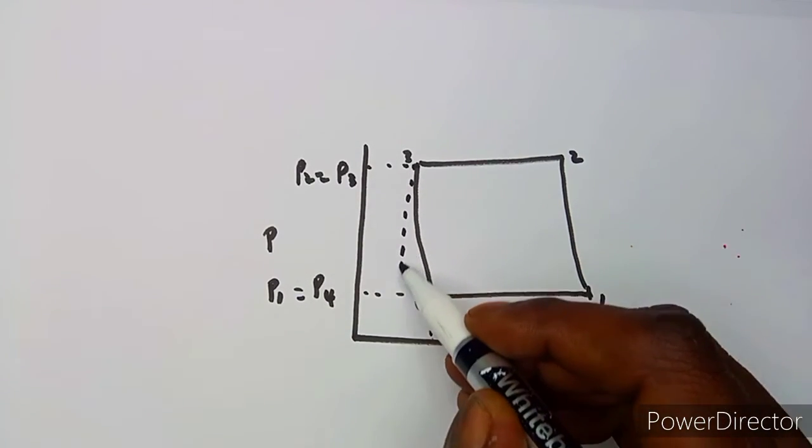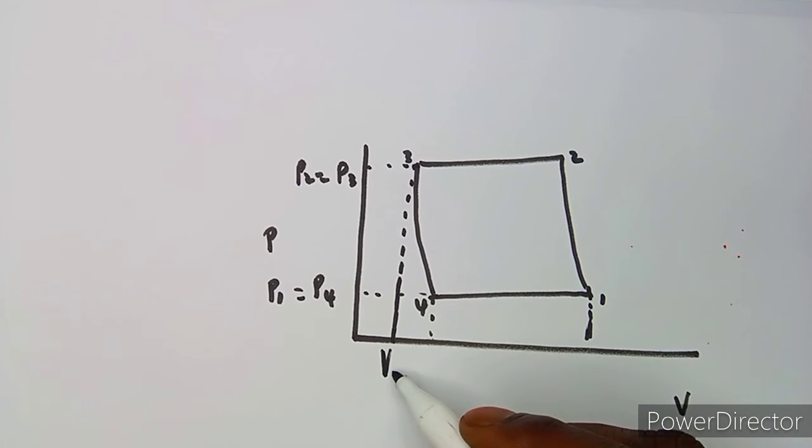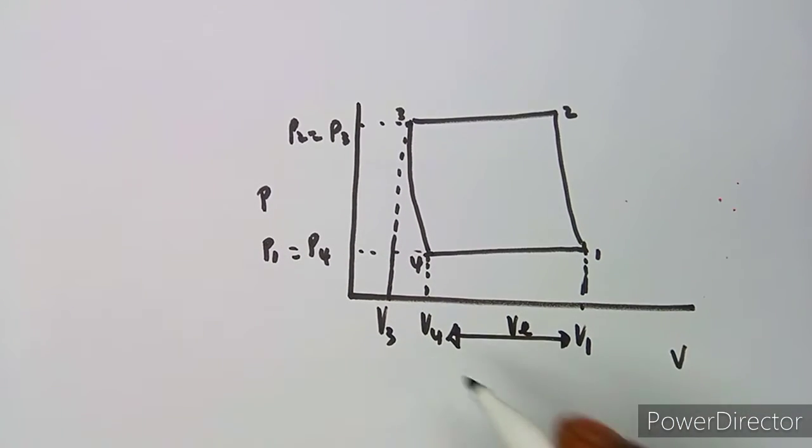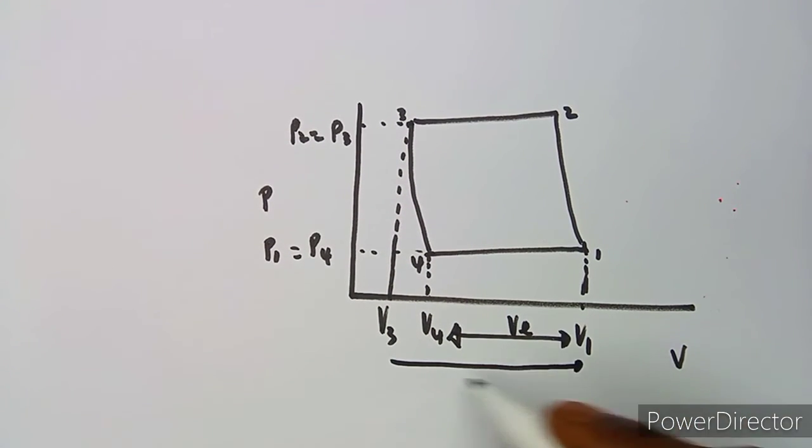So this is your V3, which is your clearance volume here. This is your V4 and this is your V1. The difference between these two, that's your VE, that's your effective volume. The difference between these two, that is your stroke volume. That's what we are having in this case.